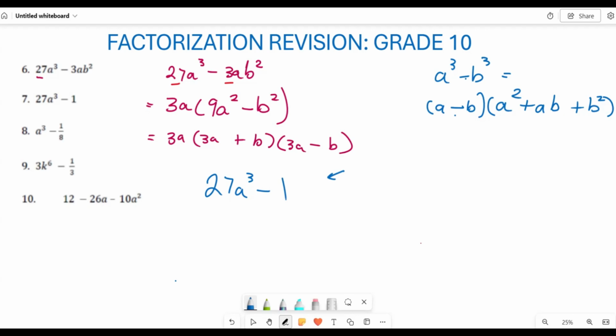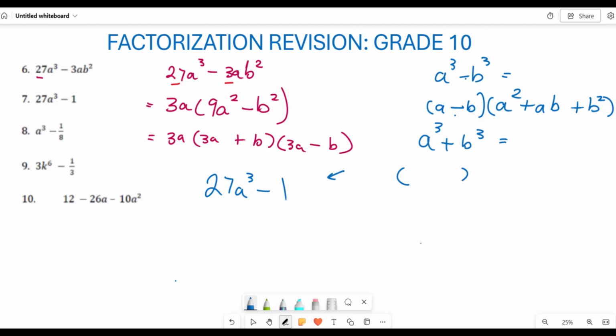Now, let's say you are having two positive cubes. Let's say you are having a to the power of 3 plus b to the power of 3. What is it then that you are going to have? Just like I said in the beginning, you are going to have the first bracket.